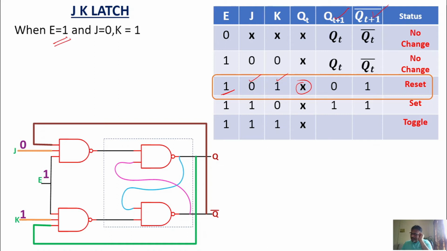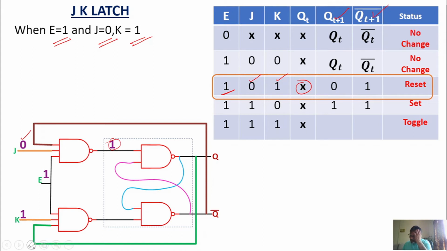E is equal to 1, J is equal to 0, K is equal to 1. Now you can see one of the NAND gates has input 0. Irrespective of what other inputs are, this will be 1. Right? So now this is going to be 1. Fine?